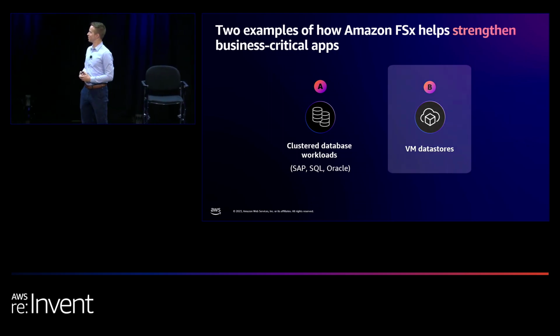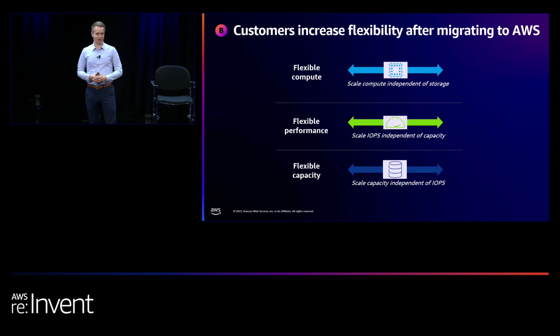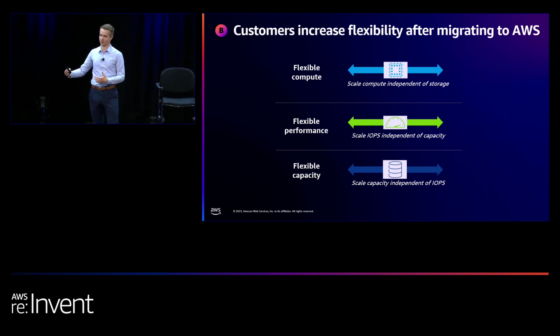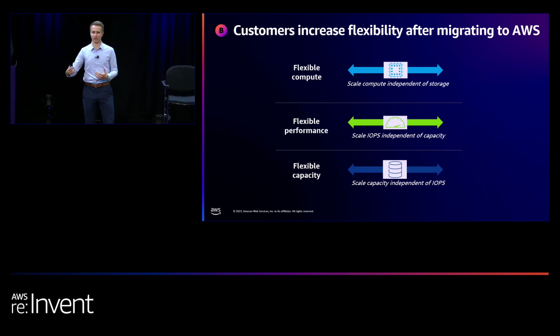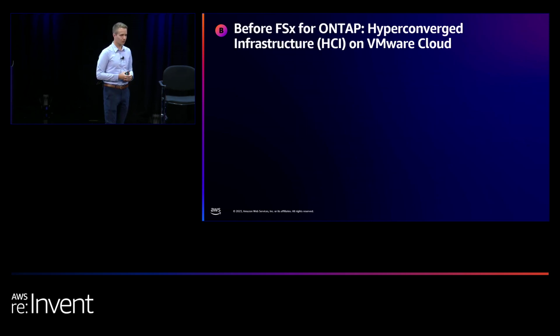So with VMware environments, when we talk to customers looking to migrate a lot of these environments over to AWS, a common theme that we're hearing is customers are looking to benefit from the added flexibility that AWS provides. Flexibility on the compute side, on the performance side, and on the storage side, just giving customers more agility to deploy their infrastructure exactly how they need it to.